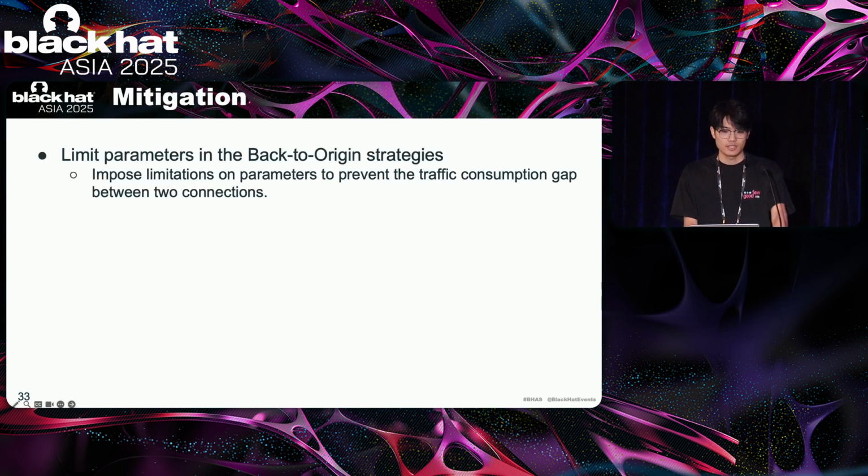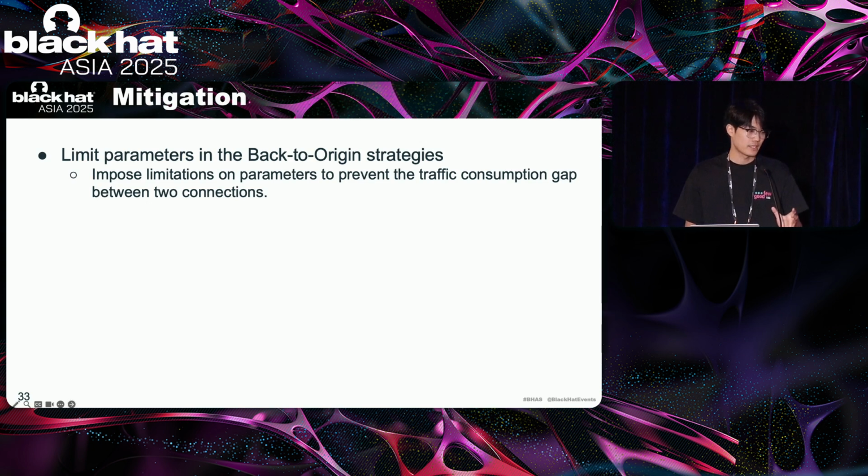But of course, we are not the real attackers. Our goal isn't to break things, it's to understand how to defend against these kinds of abuse. Based on our research and some discussions with CDN vendors, we proposed 4 key mitigation strategies to prevent this abuse. The first one is to limit the parameters in the back-to-origin strategies.